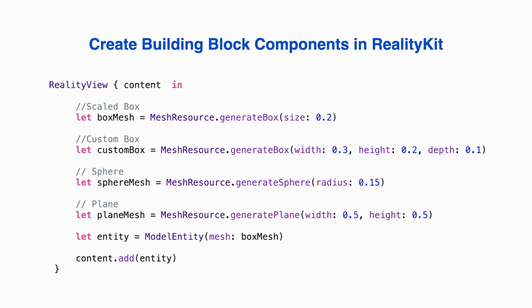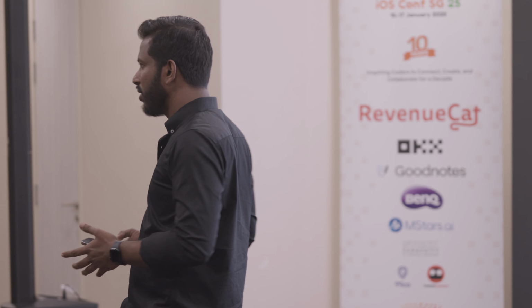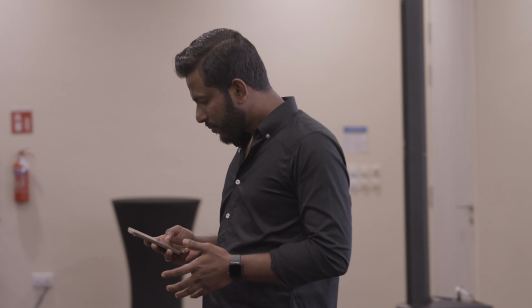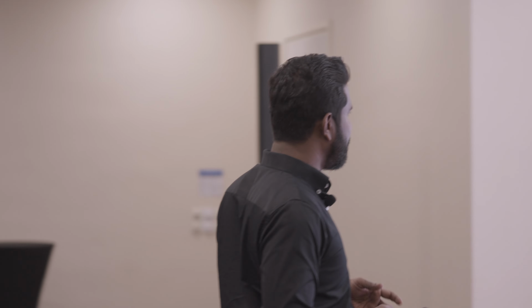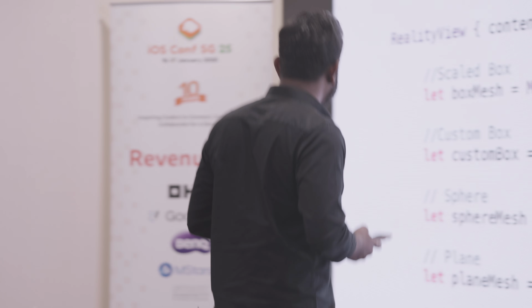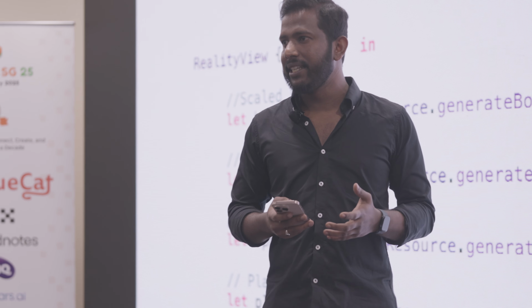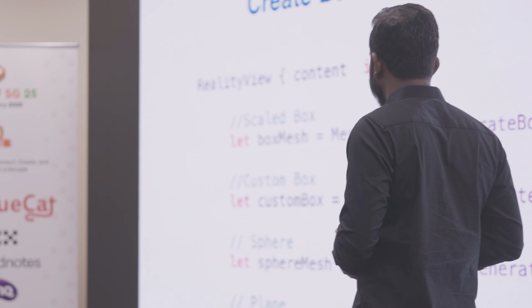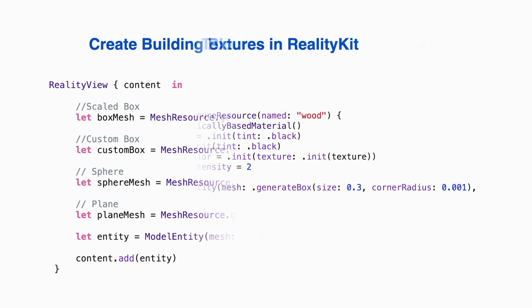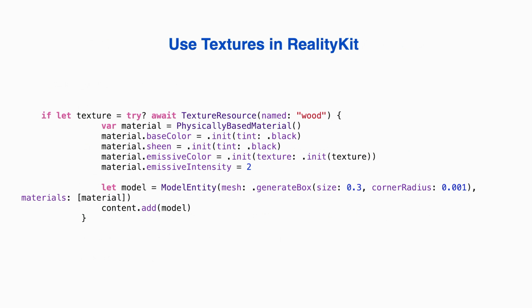You might remember that yesterday Jen demonstrated something around entities. You can simply create 3D content without jumping into Reality Composer Pro, using code blocks. You can create a simple box, a custom sphere, or a plane. All the ARKit entities are also supported in RealityView. You can also get custom textures.